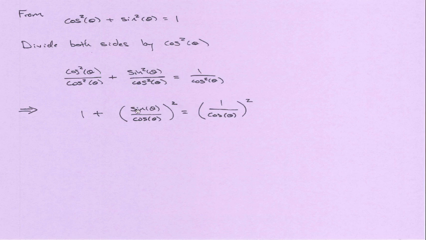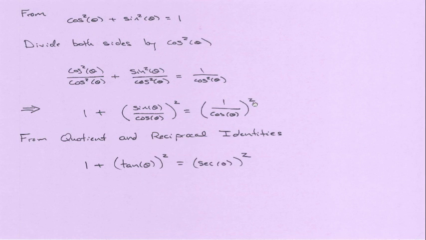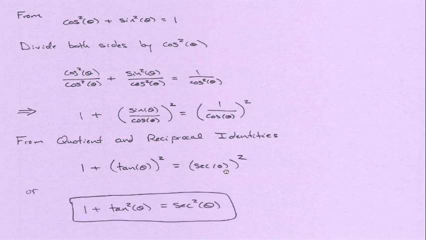Sine squared over cosine squared becomes (sine over cosine) squared, and 1 over cosine squared becomes (1 over cosine) squared. Using our quotient identities and our reciprocal identities, sine over cosine becomes tangent, 1 over cosine becomes secant, and so we end up with our second Pythagorean identity of 1 plus tangent squared of theta is secant squared of theta.